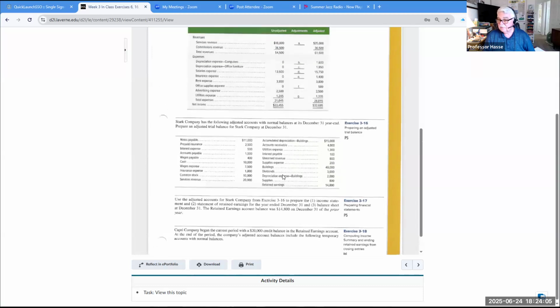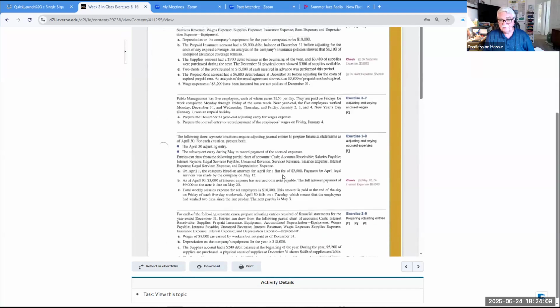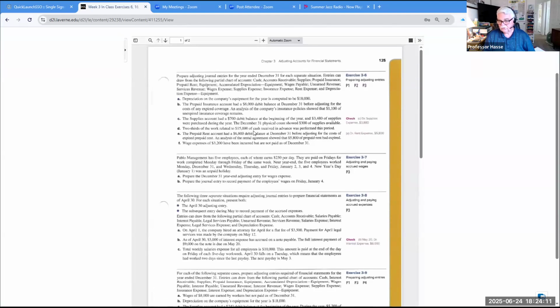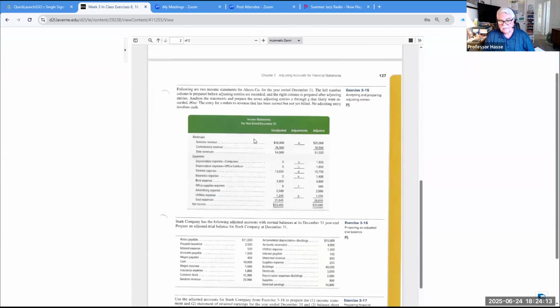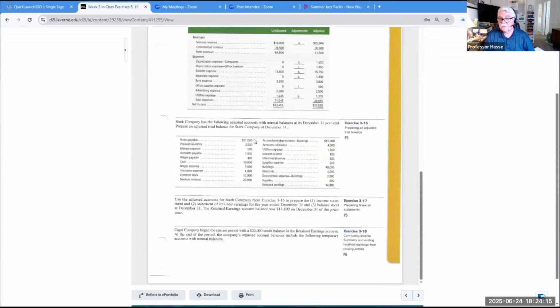So this is the process of chapter 3, where in exercise 3-6, we're actually preparing journal entries. In exercise 3-16, the adjusting journal entries have already been done. And here are the final account balances that we're going to put in an adjusted trial balance.